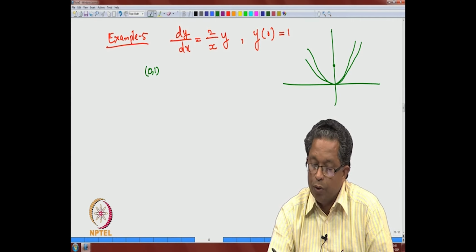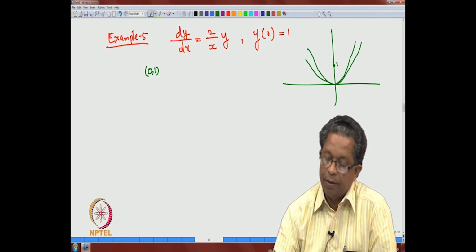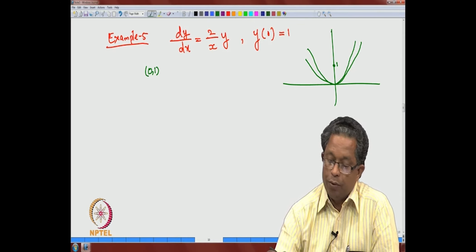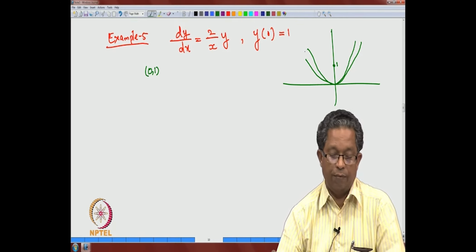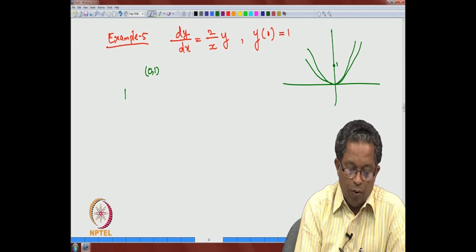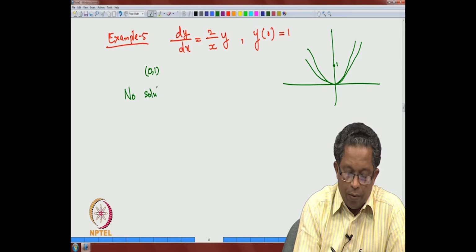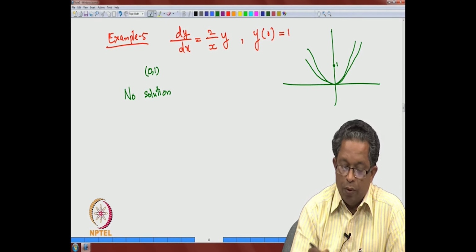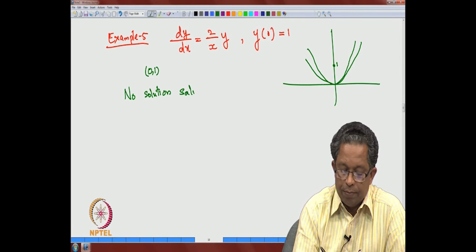So there is no solution. So no solution satisfies the initial condition.